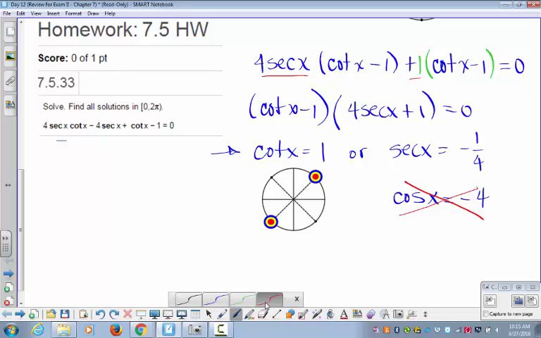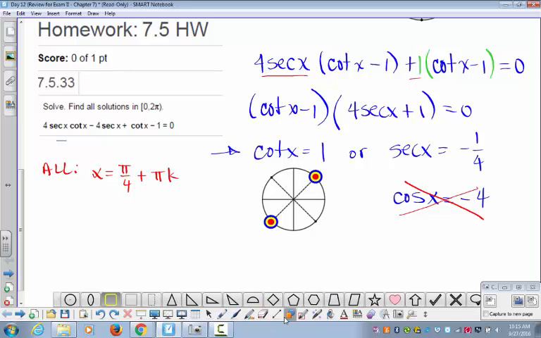So our group of all solutions, we jump up here to pi over 4, so x will be pi over 4 plus, because we have a nice even space between these, pi this way, pi that way, we can just do pi k. So that will be all solutions.